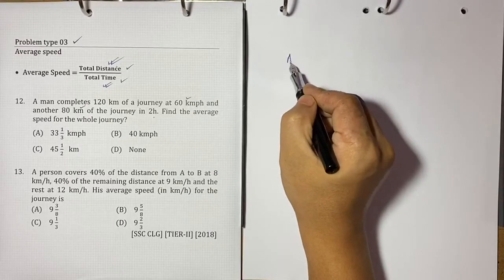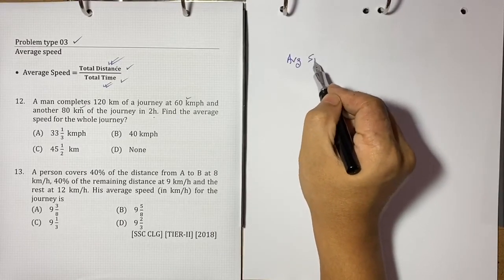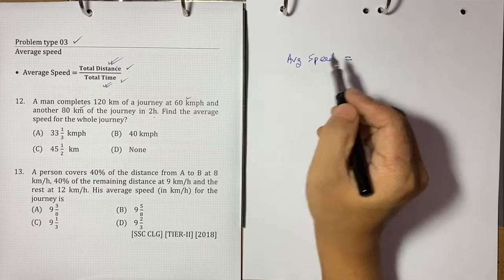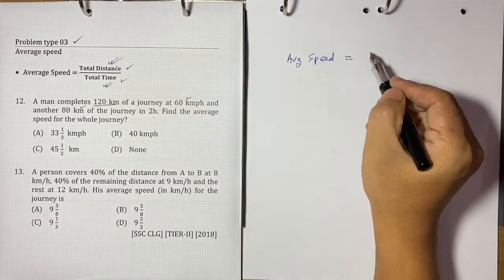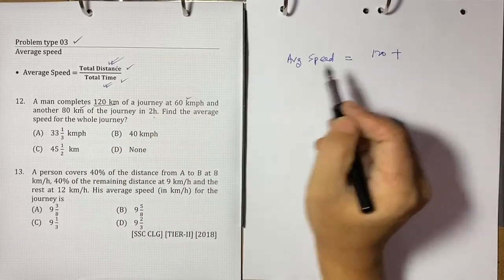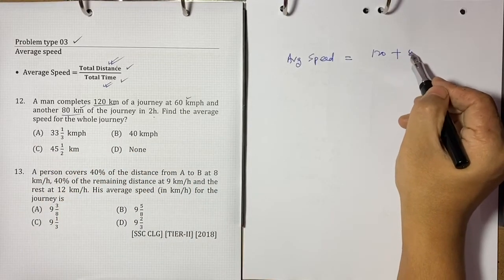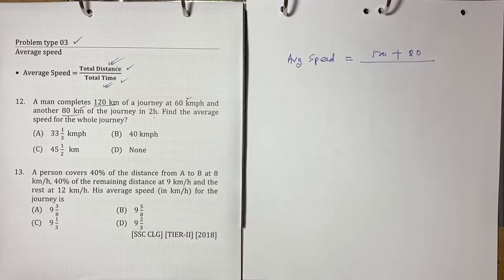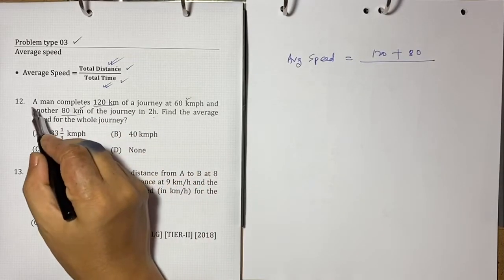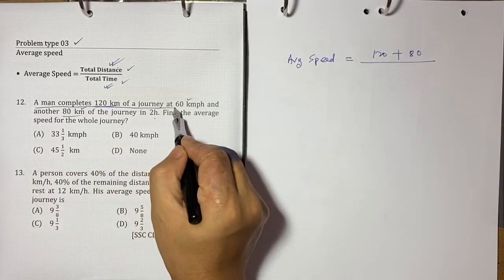Okay, average speed. Average speed is total distance, that is 120 km plus 80 km, divided by time. The first 120 km of the journey is at 60 km per hour.